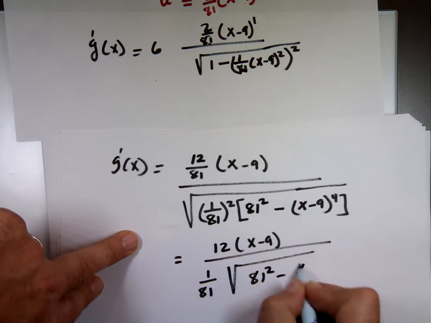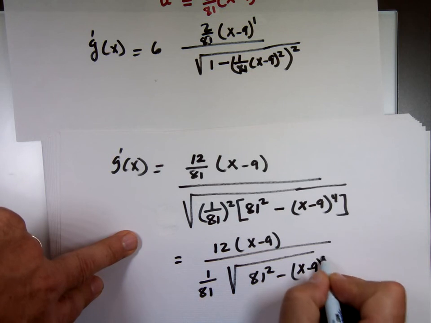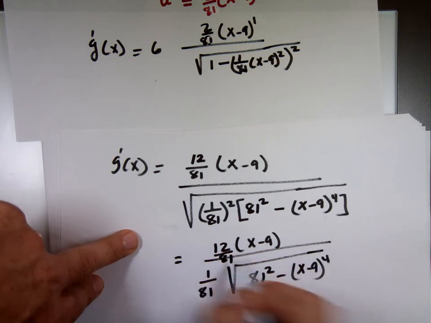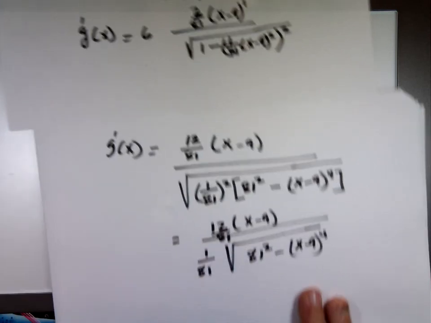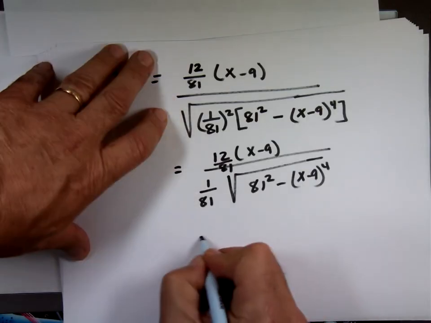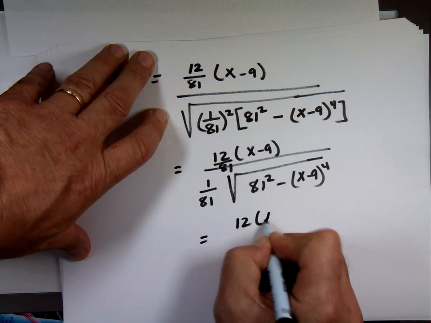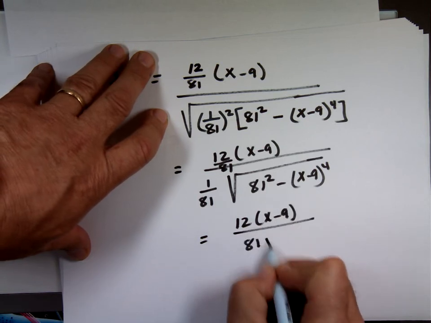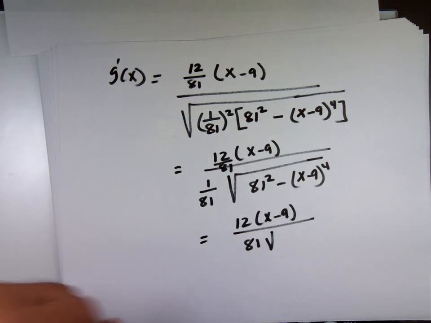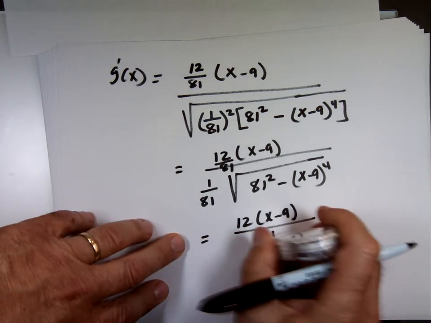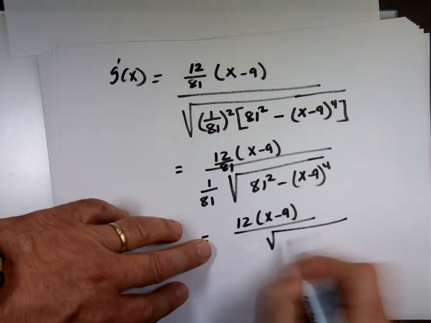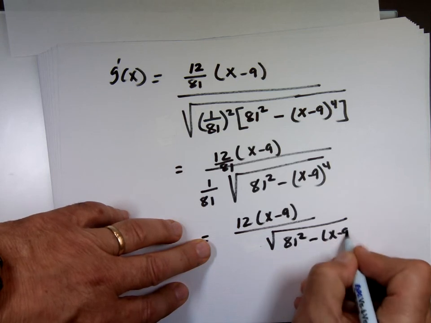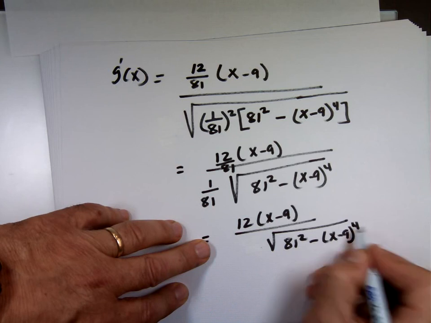Now the 81s will cancel each other out because they're on the top and the bottom. And that's the first derivative.